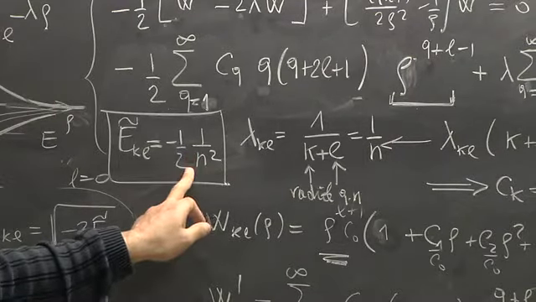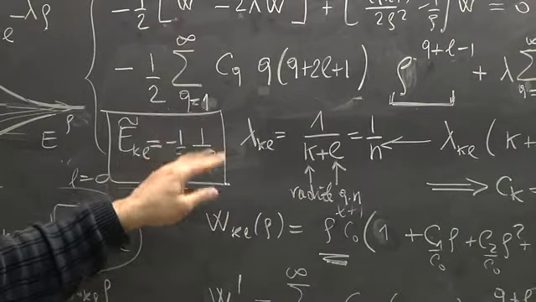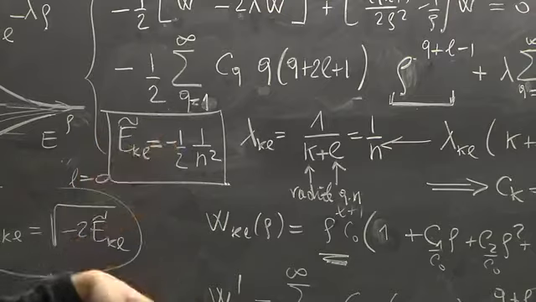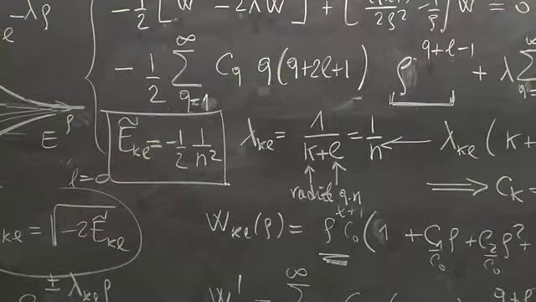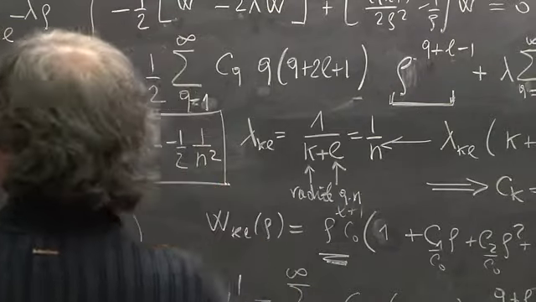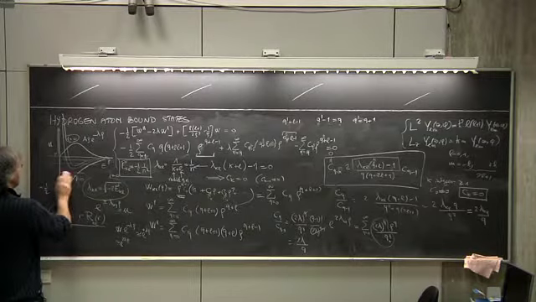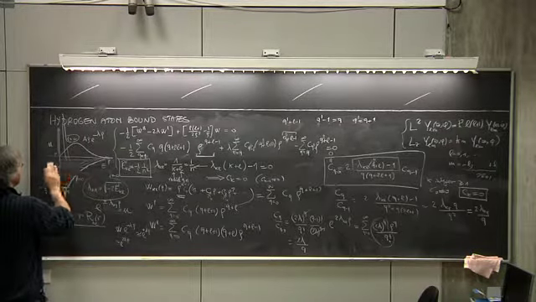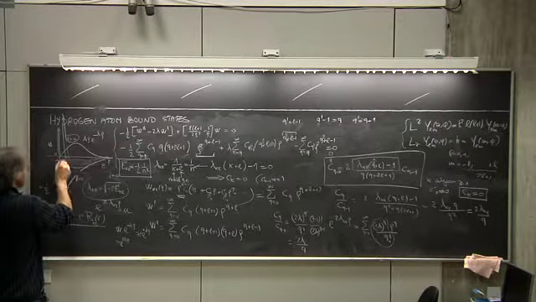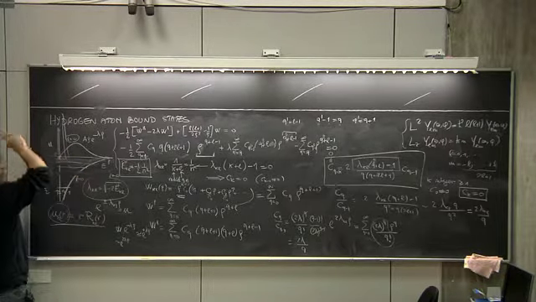Energy minus 1/2. Then I have n equal 2, energy minus 1/2 times 1/4, n equal 3, okay, and so on. Infinite, in fact, okay? So this n integer could be just 1, 2, 3, 4, an infinite series.